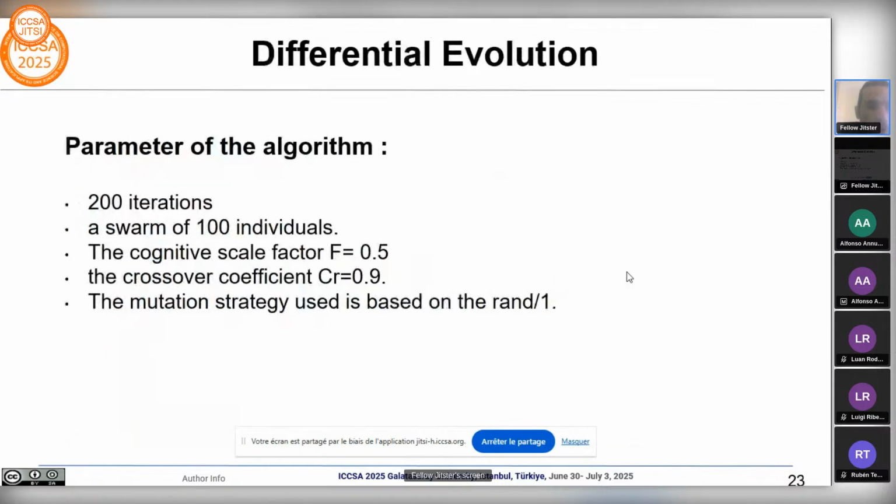And to apply the algorithm, we used these parameters. We chose 200 iterations, a swarm of 100 individuals, a scale factor equal to 0.5, a crossover coefficient equal to 0.9, and the mutation strategy used is based on random.